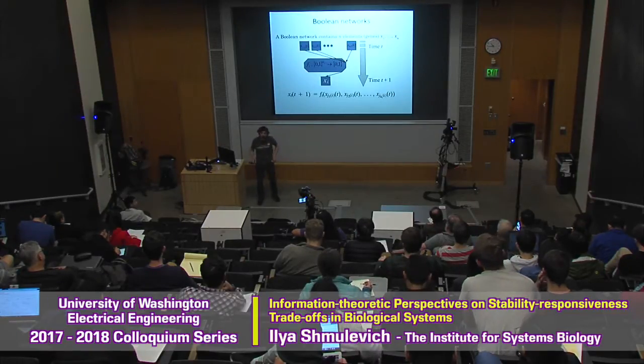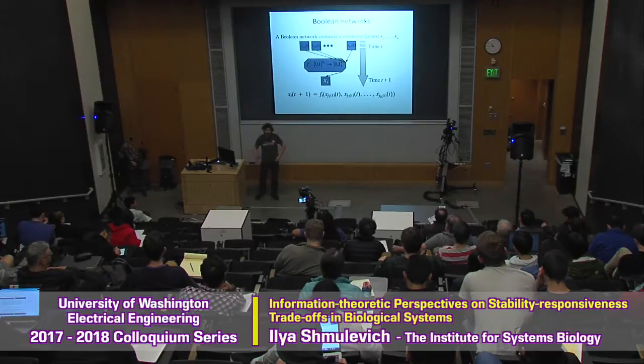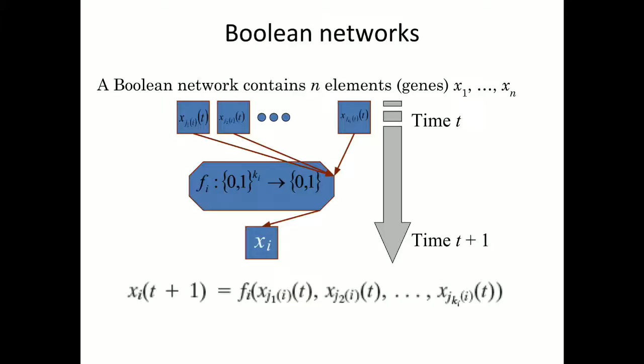So a Boolean network is a model system that represents relationships between genes. Genes are idealized to be on-off devices, basically bits, zeros and ones, and they're wired together using what they call a wiring diagram. But importantly, they are interconnected with Boolean functions that govern the behavior of these genes as a function of some other input genes to which they are wired in the wiring diagram.